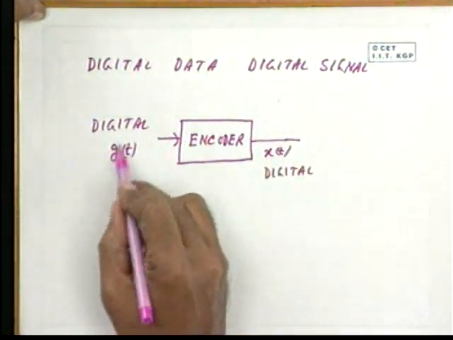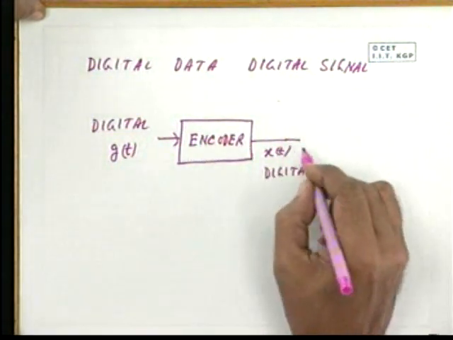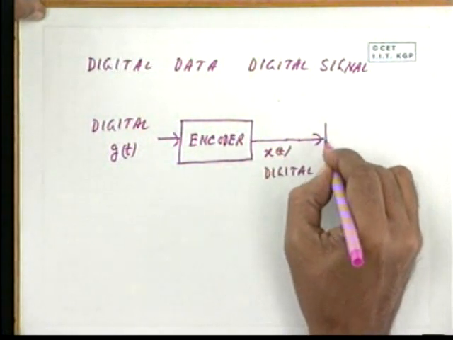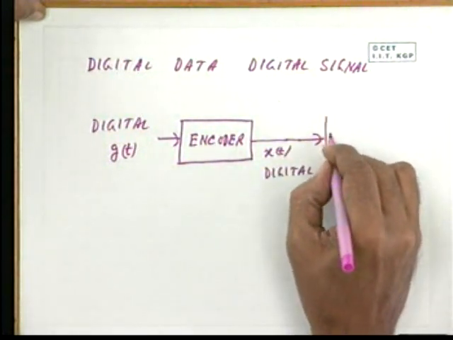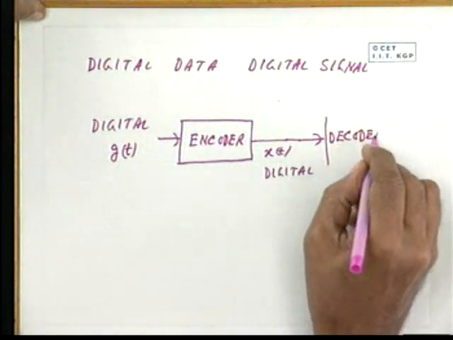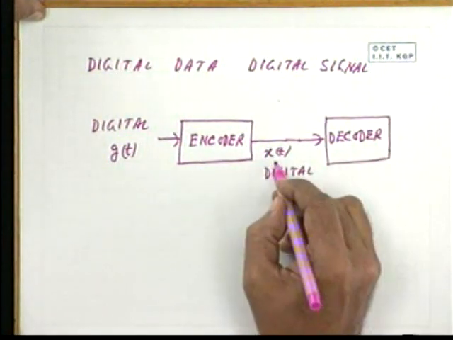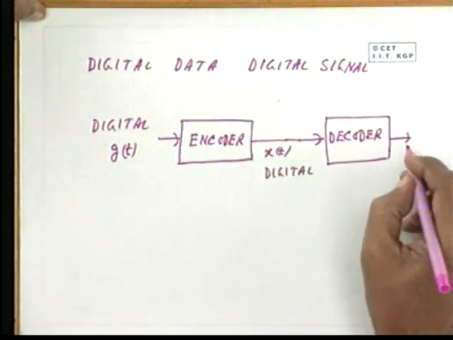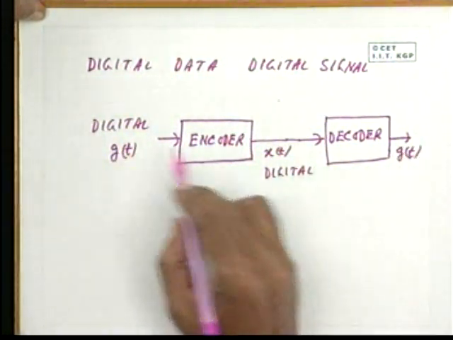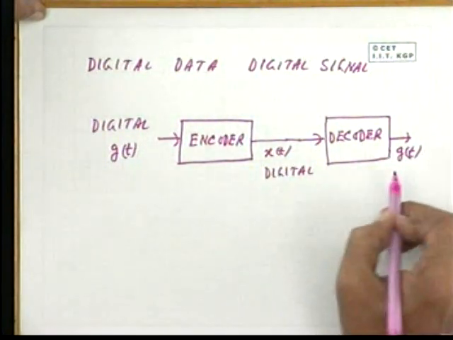So here you have your data and you are generating the signal x(t) by the help of an encoder. Then at the receiving end we will require a decoder which will convert the signal x(t) back to the data g(t), which is digital data. So this is our conversion process.